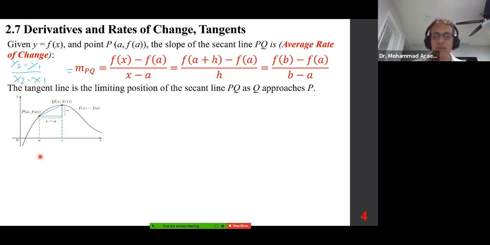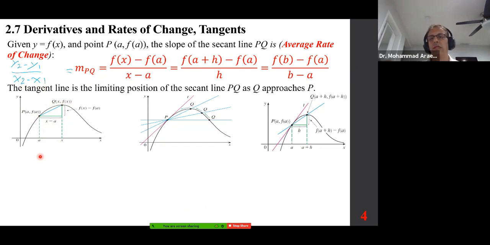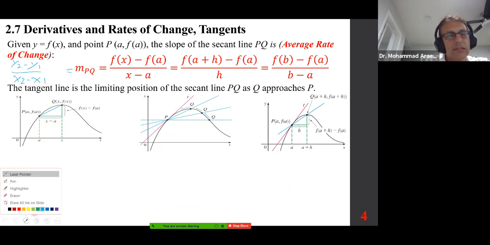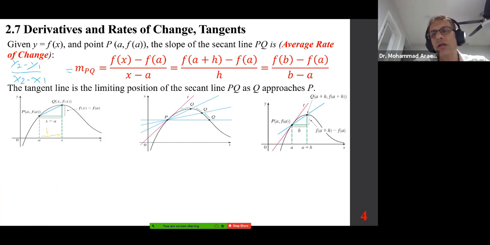Now, this distance can be represented differently. So let's also look at a different method. This distance, class, if you call this distance h, that's how we arrive at a plus h.